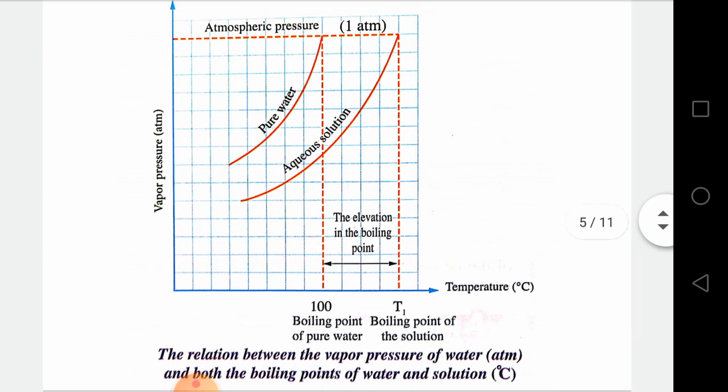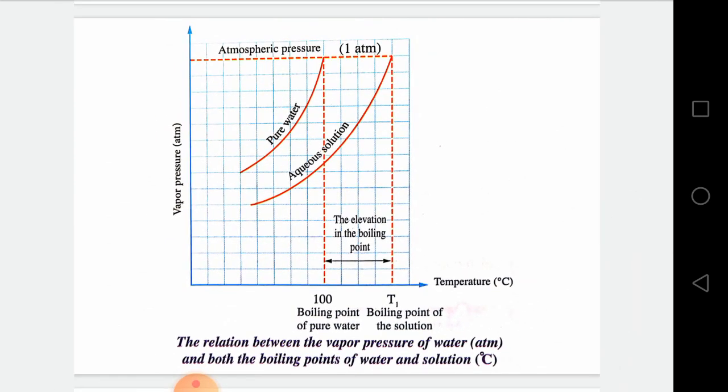Here, a graph illustrates the relation between the vapor pressure of water and the boiling point of the water and solution. This is the x-axis for temperature, the y-axis for vapor pressure.